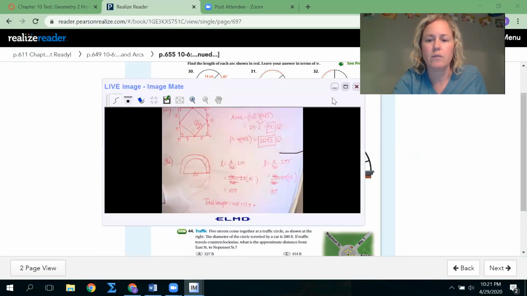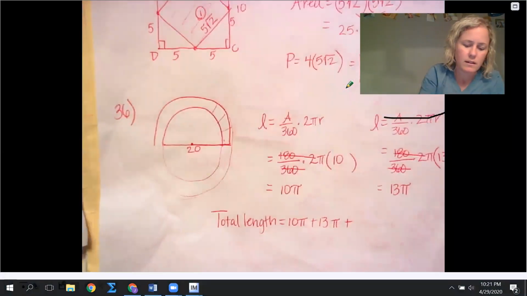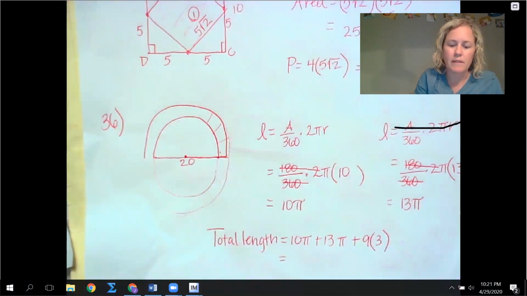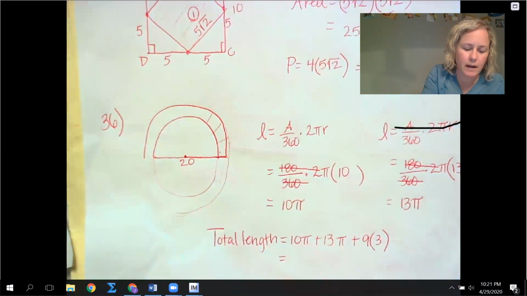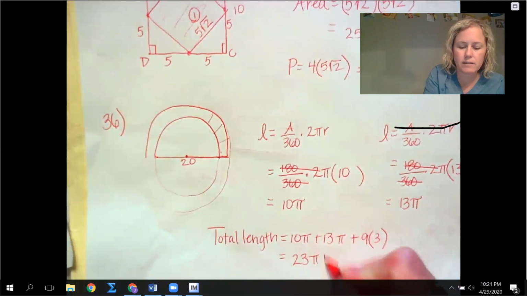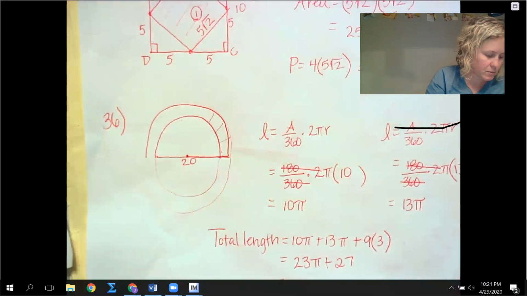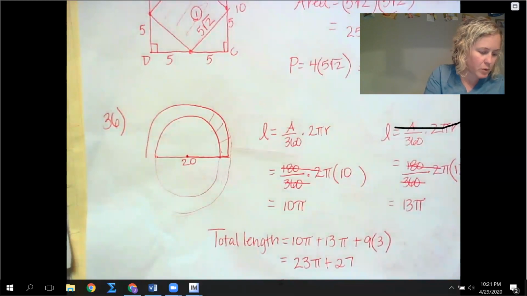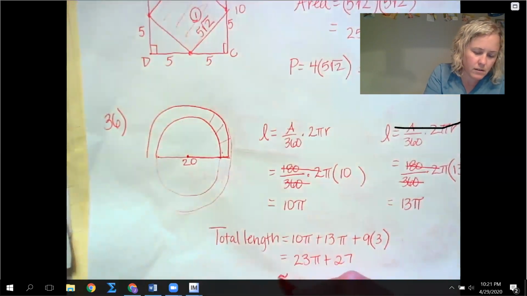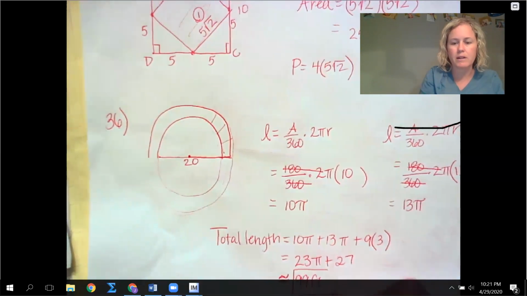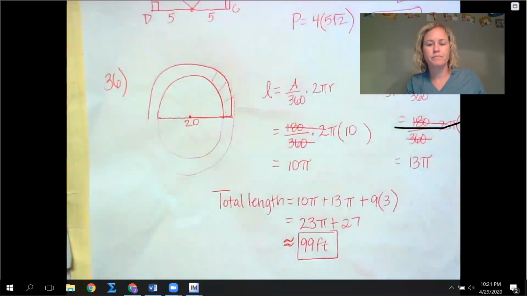So we're gonna go 9 times 3 feet, okay? And then we end up with 23 pi plus 27. Let me add those together and we're supposed to round to the nearest whole number. So 23 times pi, enter, plus 27, and we get approximately 99 feet. Approximately 99 feet.